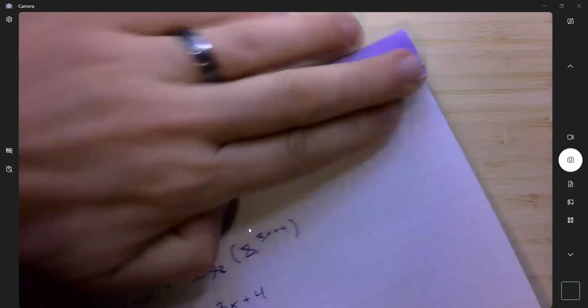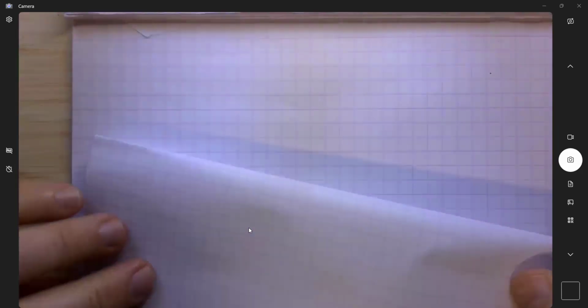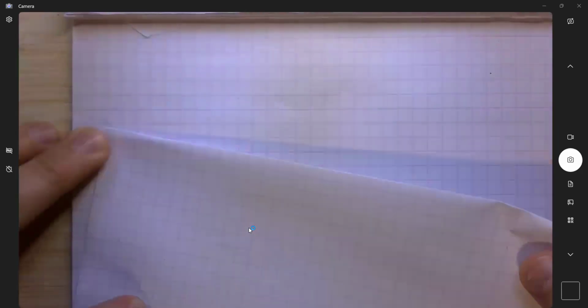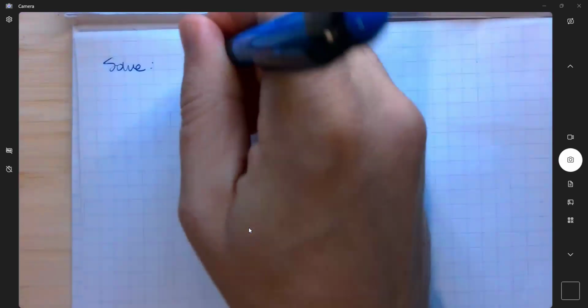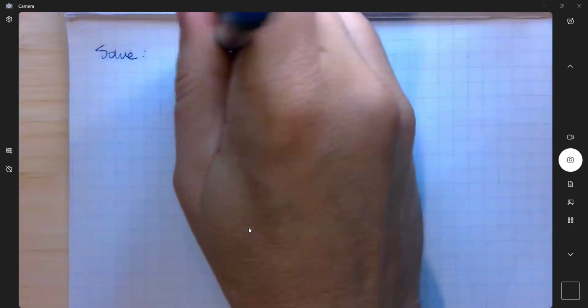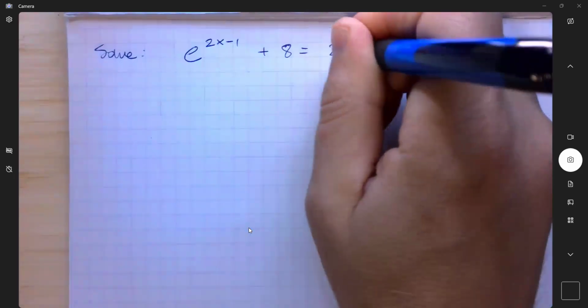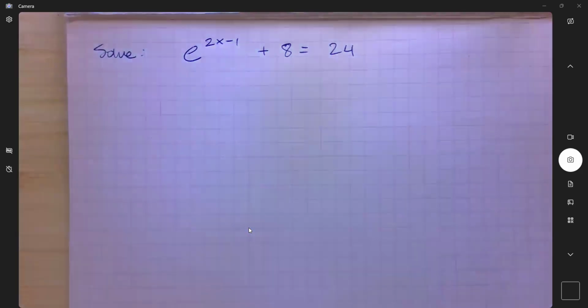Okay, let's just do another example. This time, in our example, we're not going to be able to apply logarithms right away. We have to do a little bit of arithmetic first. Let's solve e to the 2x minus 1 plus 8 equals 24.